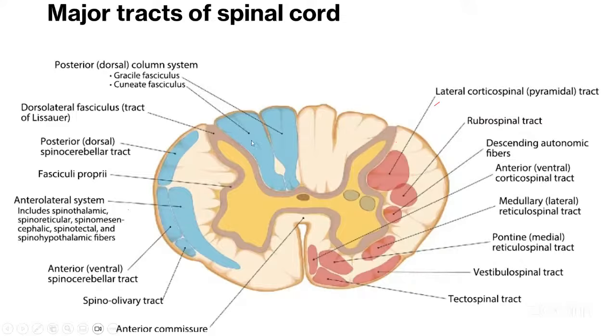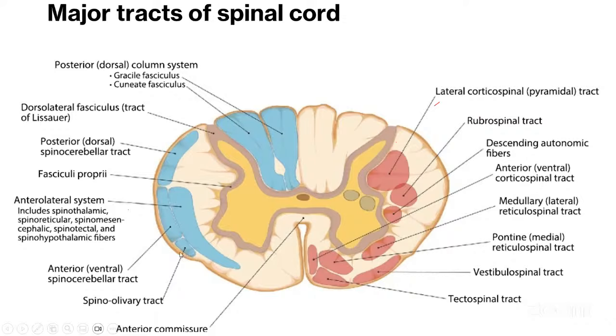This is the posterior column, which carries the fasciculus gracilis and fasciculus cuneatus, the dorsal column. On the lateral side, we have the spinocerebellar tract. This is the posterior spinocerebellar tract, and this is the anterior spinocerebellar tract.